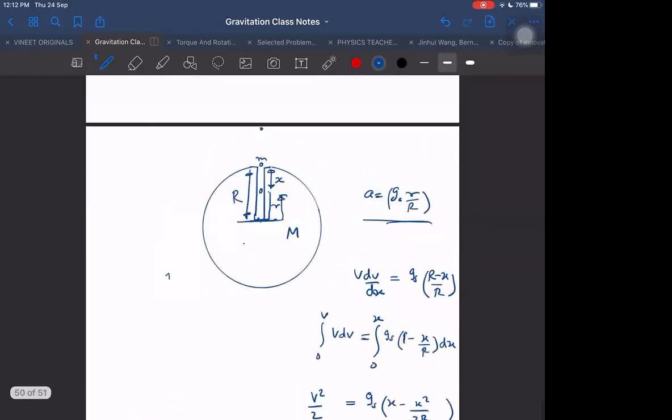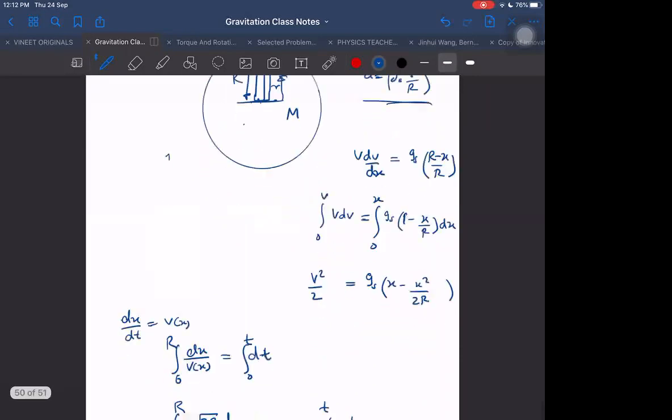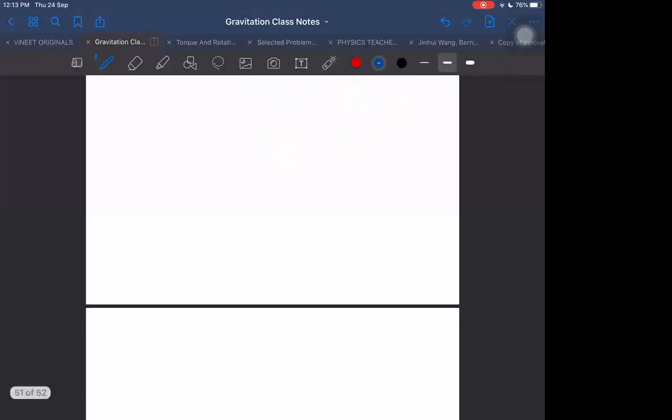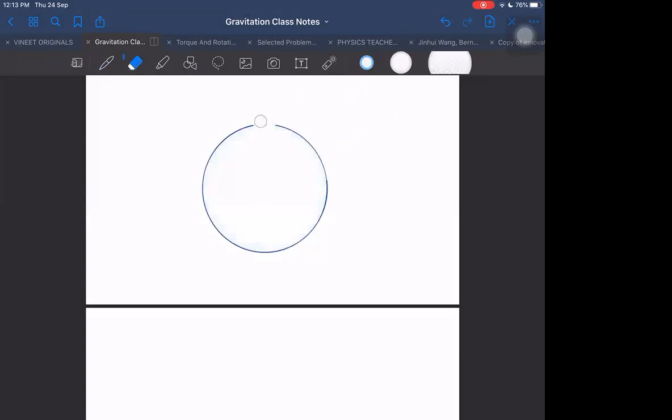When it goes up, what happens? If it is returning with velocity v and going up by distance x, then the formula becomes the same, g x by r.